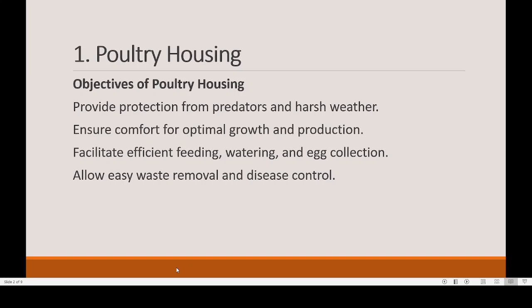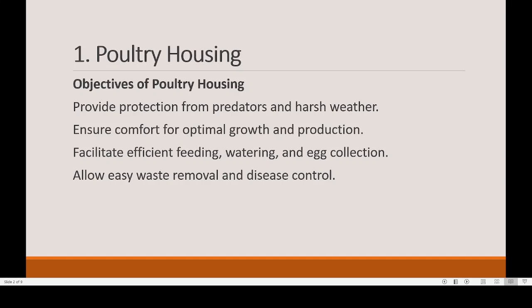I will show you some pictures of poultry housing, how people are using it. So it's a small house-like setup. This is a very large scale. See, this is a smaller type. This type of houses are also there.